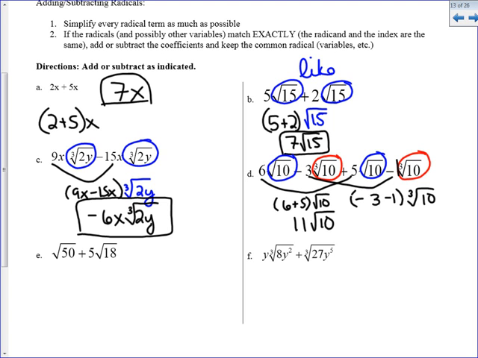And then I keep whatever made them like. So negative 3 minus 1 is my negative 4. And then I just keep that cube root of 10. And those don't go together because the square root of 10 is not the same as the cube root of 10. So you may end up with more than one term in your answer.